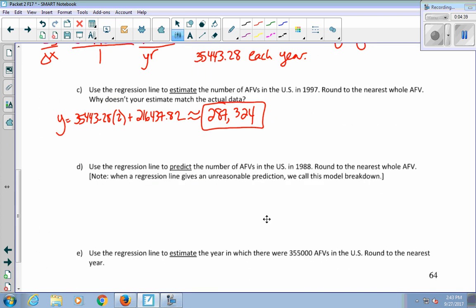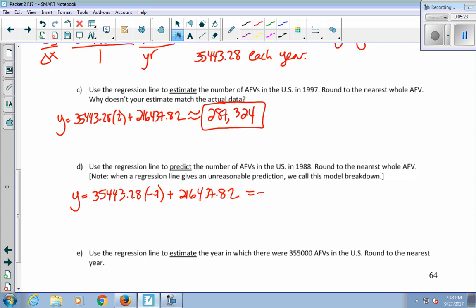Use the regression line to predict the number of AFVs in 1988. That's 7 years before 1995, so I am going to plug in -7. 35443.28 times -7 plus 216,437.82.